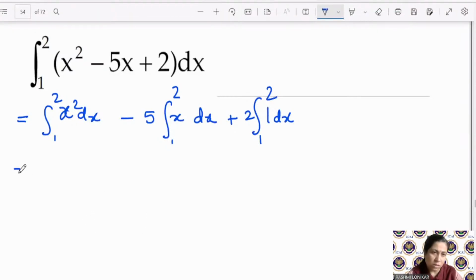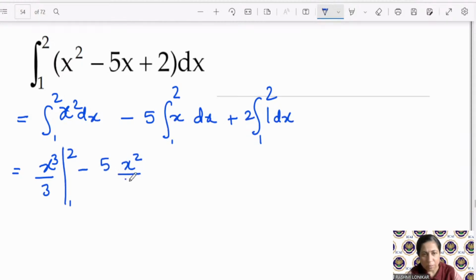So this is equal to: integral of x square is x cube upon 3 going from 1 to 2, minus 5 x square upon 2 going from 1 to 2, plus 2 into x going from 1 to 2.